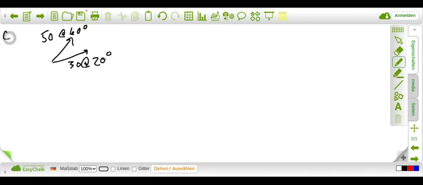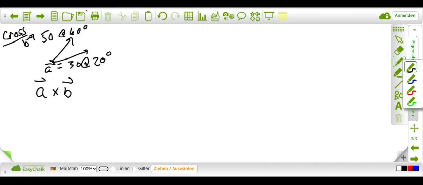And again, this is going to be the cross product. Remember this was vector A over here, and this was vector B. What we'd say is A cross B. And to do this in polar coordinates, you may have already guessed, you're going to say 30 cross 50, sine of the angle between them, which is 40 degrees.